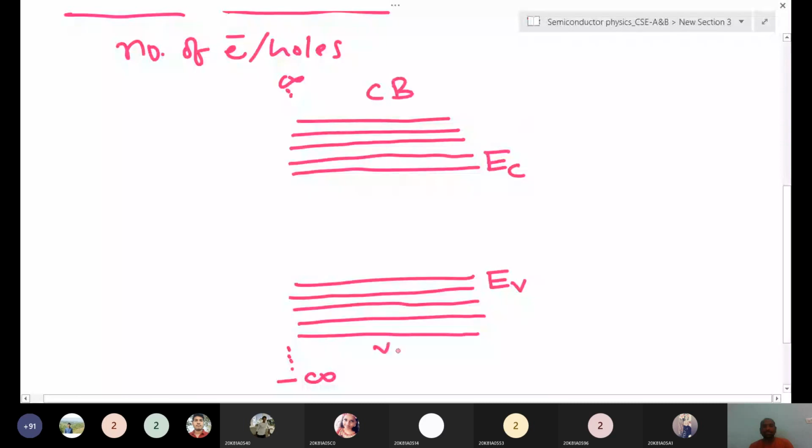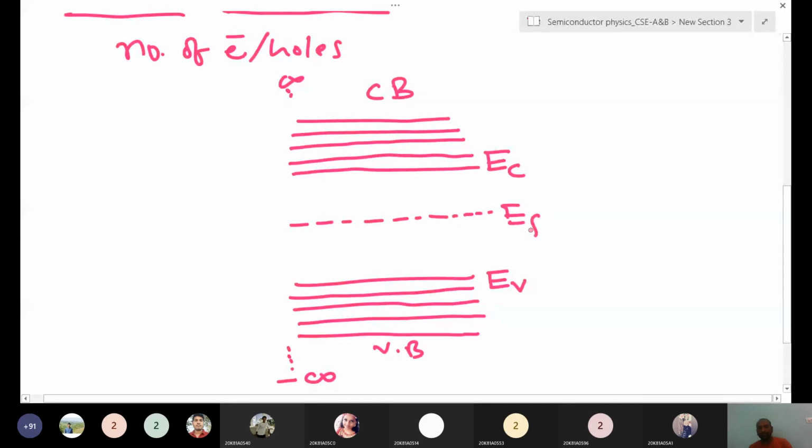Now if you take the intrinsic level, where does the Fermi level lie? Where is the Fermi level in an intrinsic semiconductor? Middle, yeah, the middle of the band gap. Very good. This is the band gap, and this is the Fermi level, EF. Fermi level means the maximum filled energy level at 0 Kelvin.